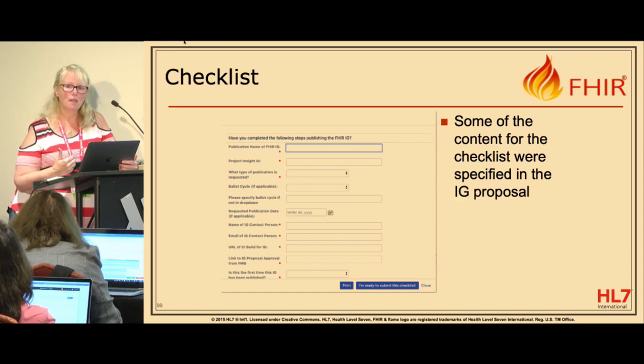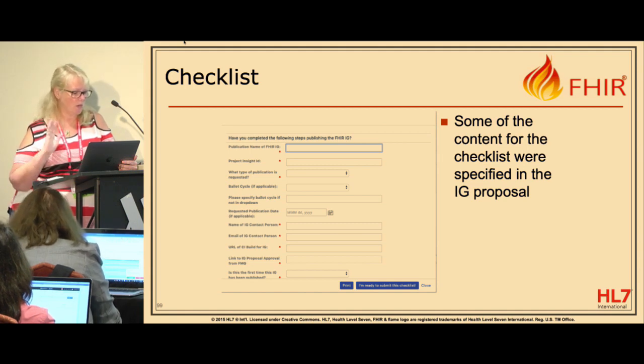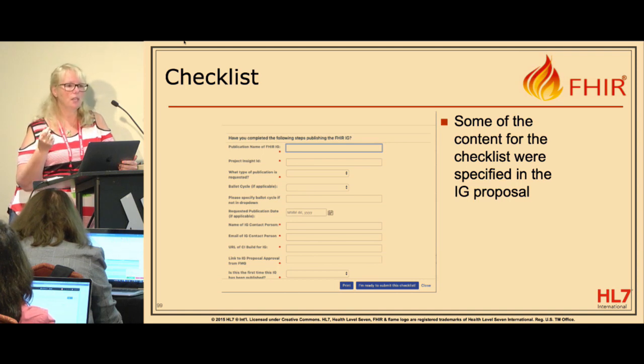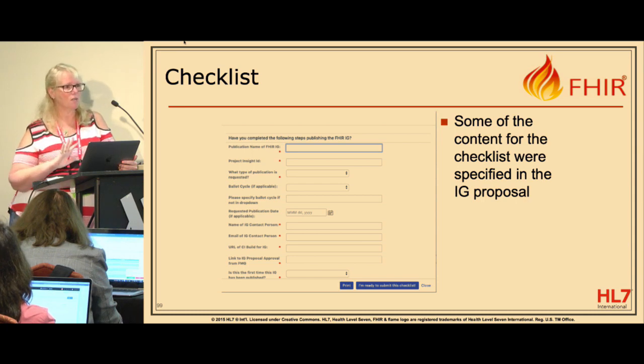It's not just going through and checking this all off, because it will ask for things like the URL of the continuous build for your IG. It will ask you to confirm that you've got the headers and footers in place. Many of the things that are part of the quality criteria, you're asked to check off that you've done.